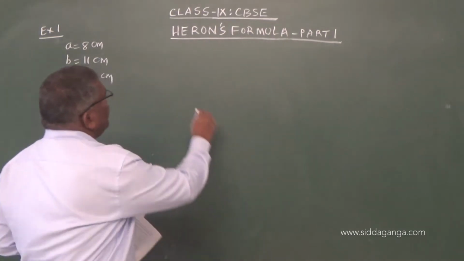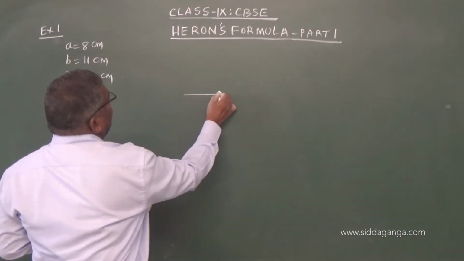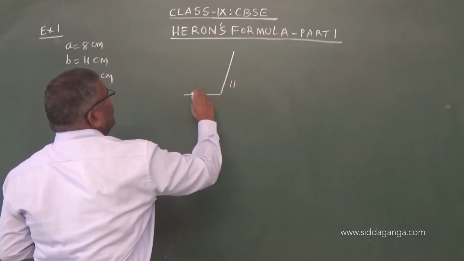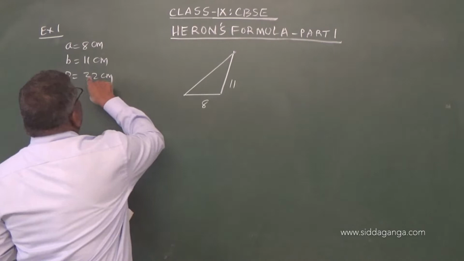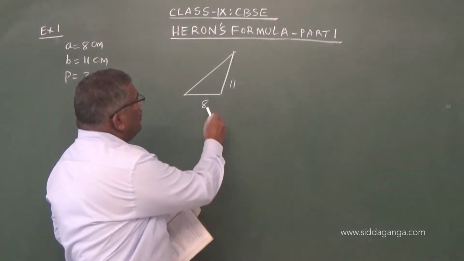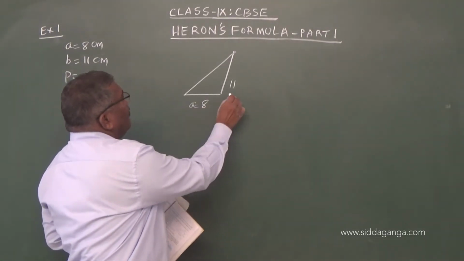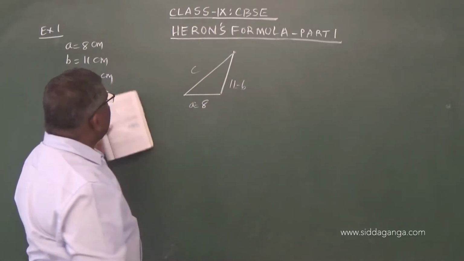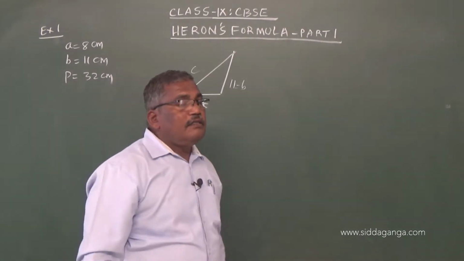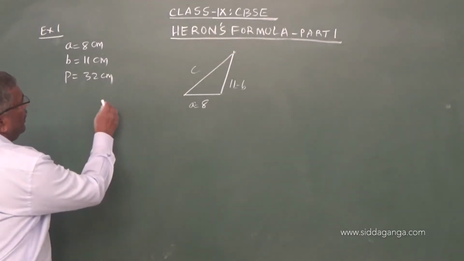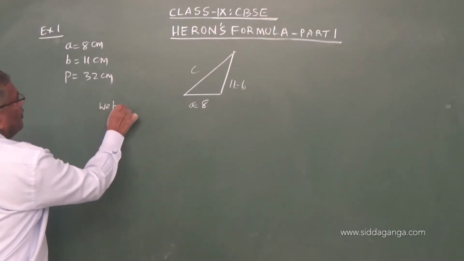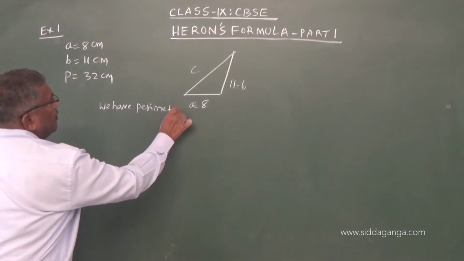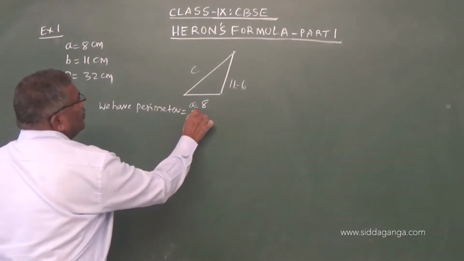So observe here, we have 8 centimeter and 11 centimeter. Let us say this is 8 and 11. You join this, total is 32. See, A plus B plus C must be equal to 32. So therefore you can calculate C here. Perimeter equals 32.